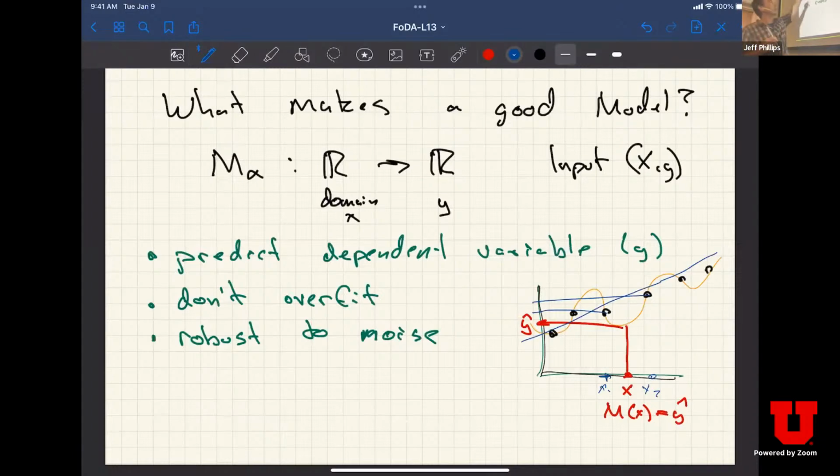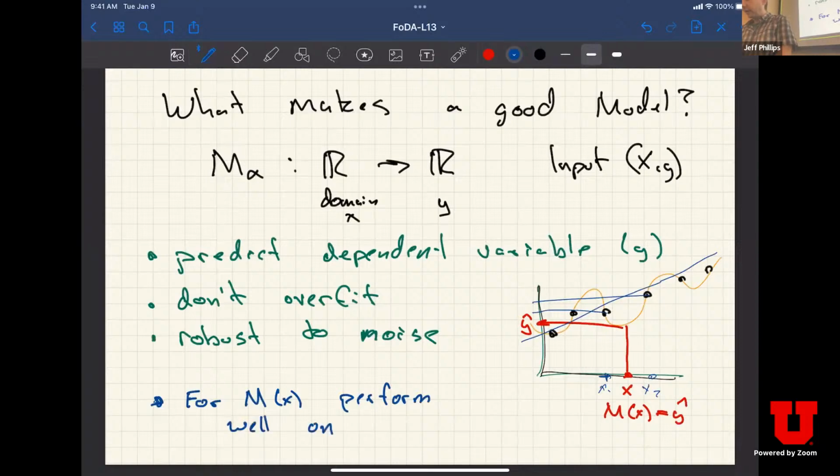Okay, so the first point is we want to predict the dependent variable, and in particular, what we want is for the model M of x to perform well on new data x.